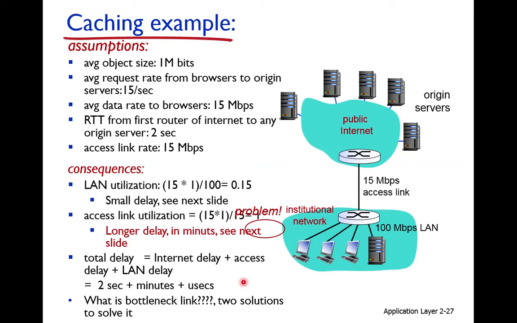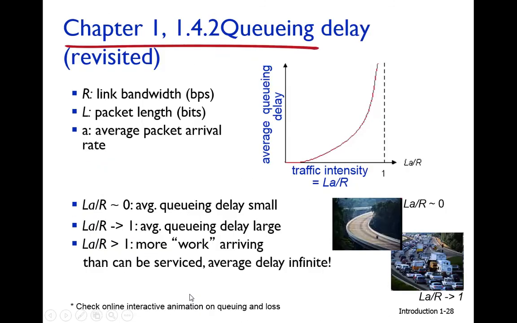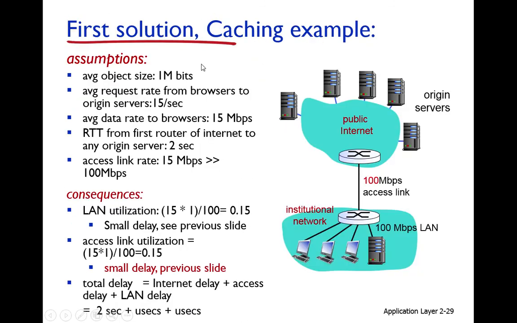Now, how to solve this problem, how to reduce this delay? There are two solutions to reduce the delay from minutes to seconds. Let's see through an example. Suppose the first solution is that we increase this bandwidth from 15 to 100.